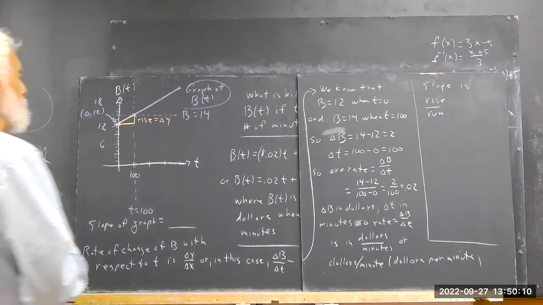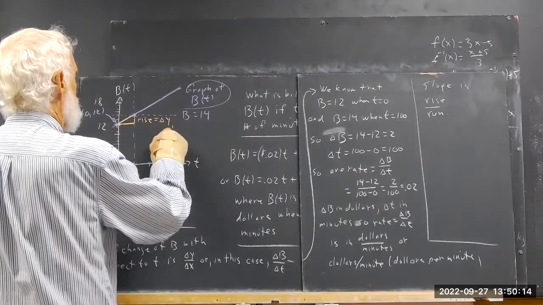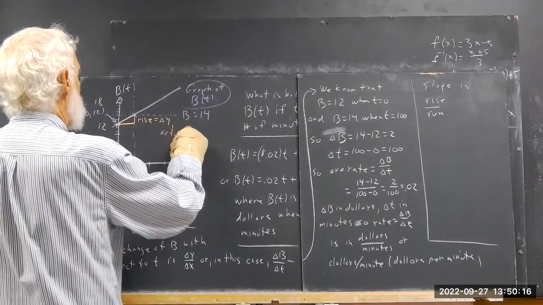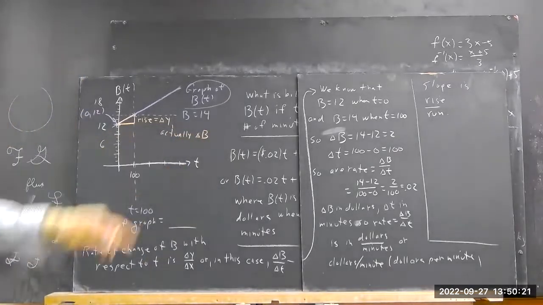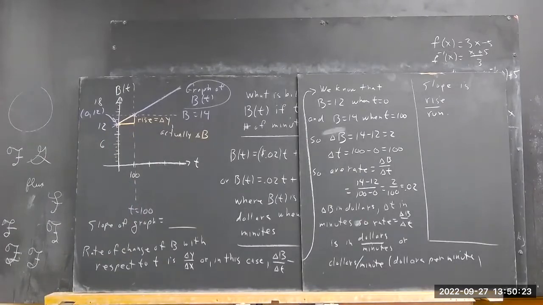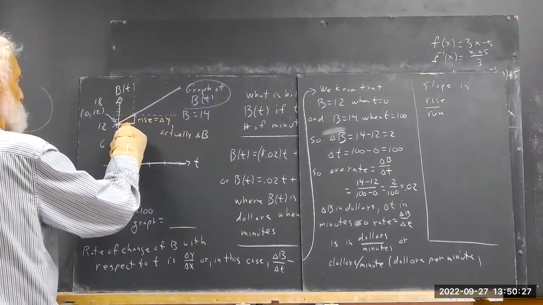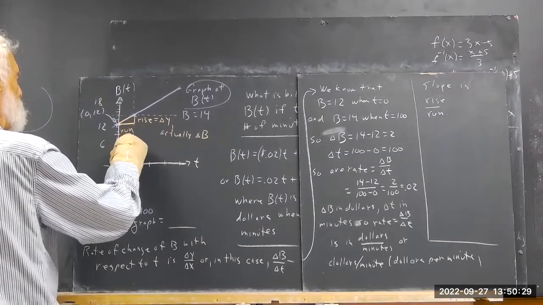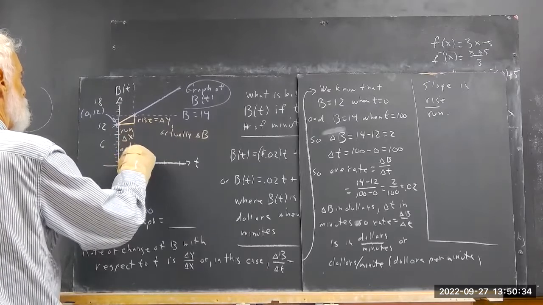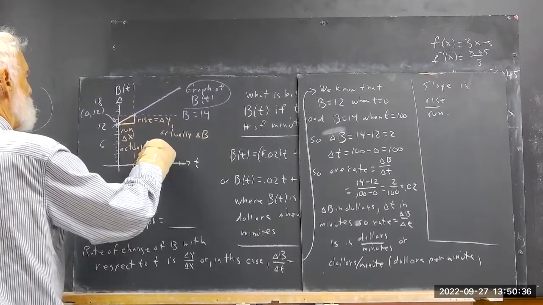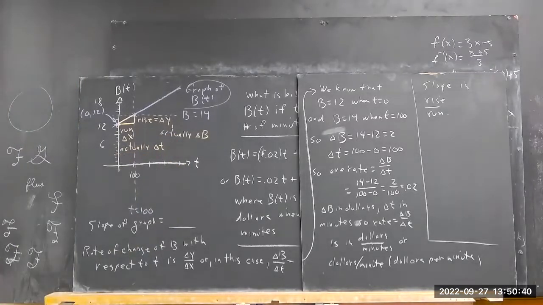In this case, it's actually delta P. But it used to be delta Y, so I write that in there. The run is delta X, but now T is where X was, so it's delta T.